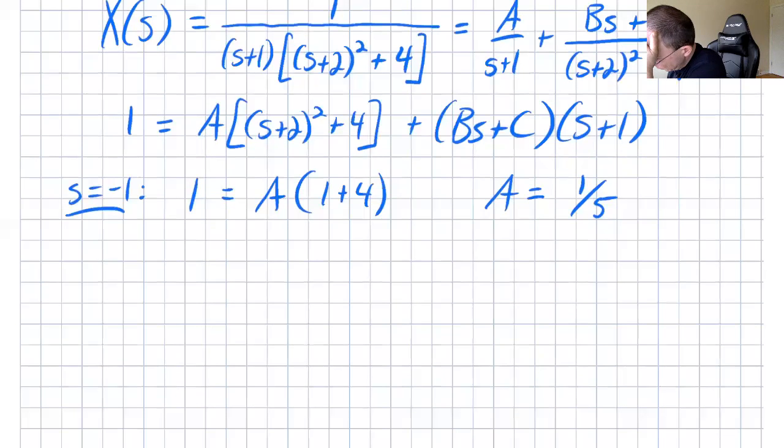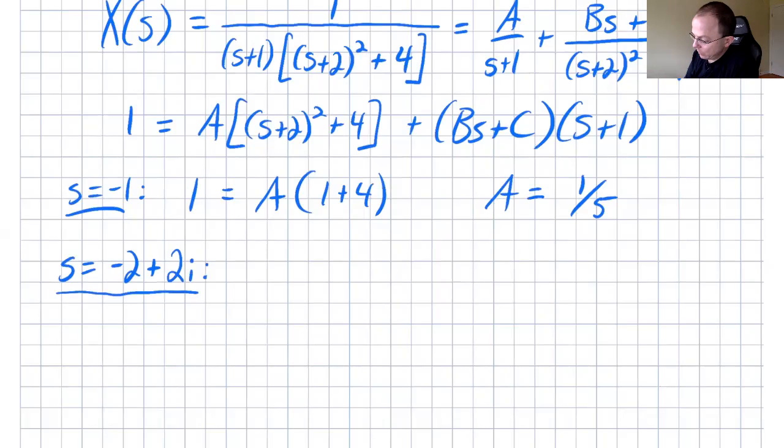And now to make this term 0, we would substitute the following. If I set that equal to 0, I get -2 plus or minus 2i. If you were to say this equals 0 and then solve for s, you would get this.